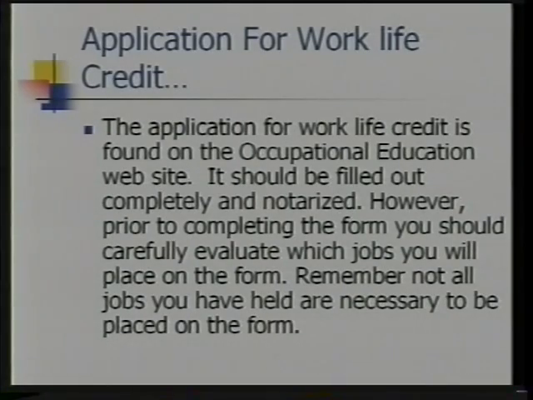For instance, if you have 20 years experience, and you want to apply for work-life credit, you may only want to use 7 years of that experience, but you want to pick the most important experience that you have and the one that relates to what we call the central DOT number. So that's important, and we're going to talk a little bit about this.